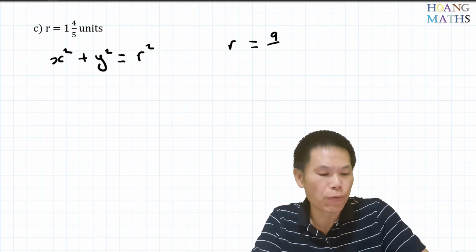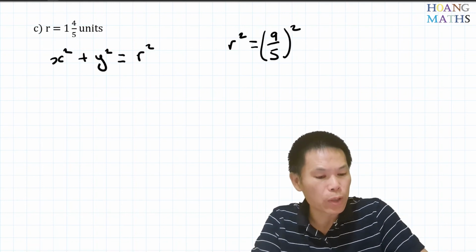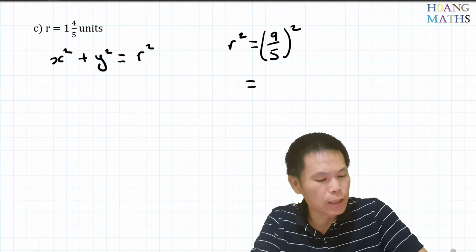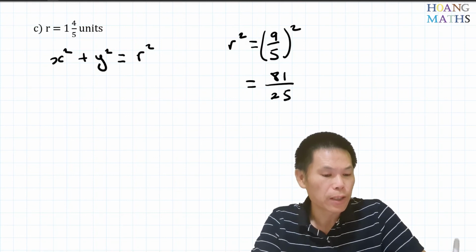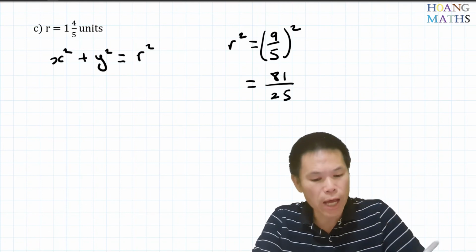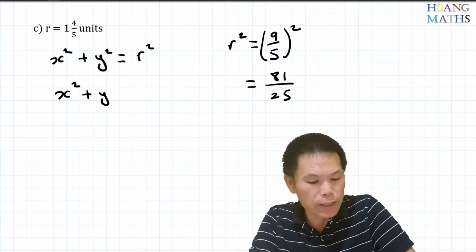So 9 over 5. And then we square it. That means I square this as well. So that is equal to 9 squared is 81, 5 squared is 25. You can write it in mixed numeral if you like. Otherwise, I can go x squared plus y squared is equal to 81 over 25.